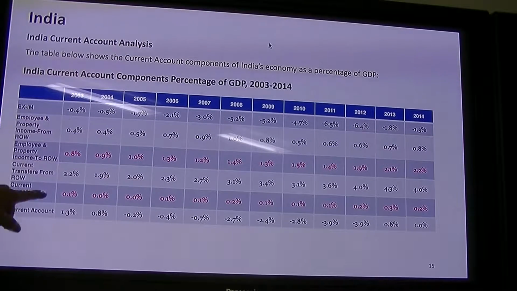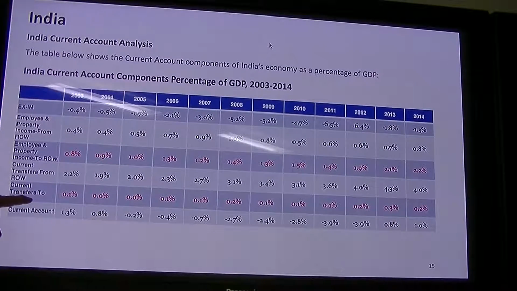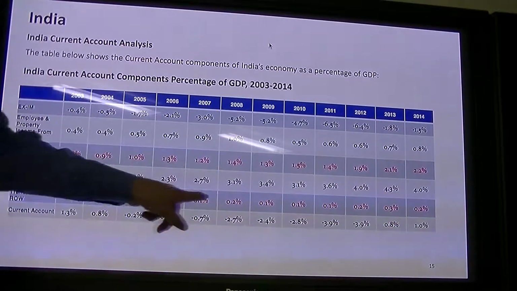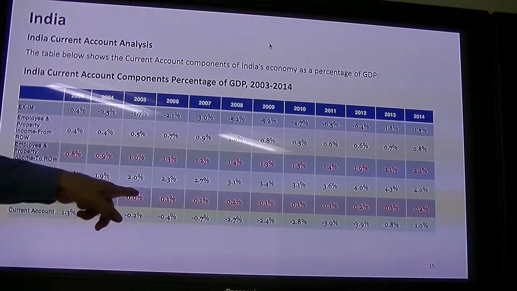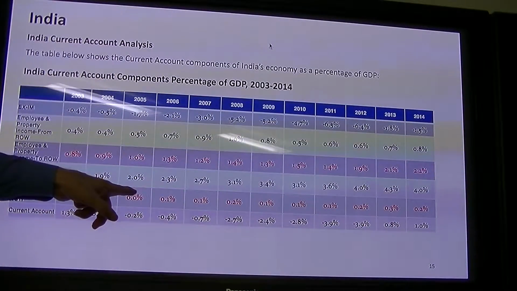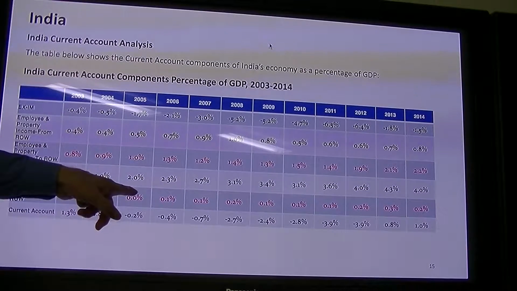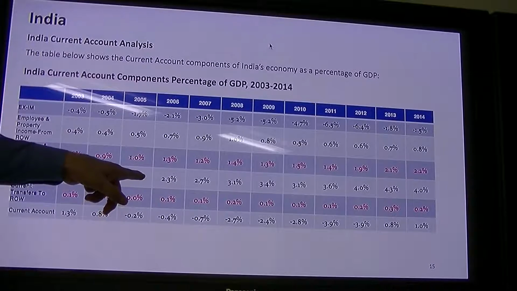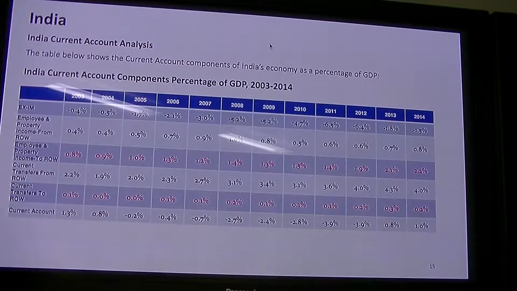So we end up... and you can see the current transfers to the rest of the world. Indian investors are in general not investing a lot, although I think I've mentioned several times the big investment in Australia that an Indian mining company has made, one of the world's biggest coal mines. They're going to be digging up a lot of coal in Australia and shipping it to India.